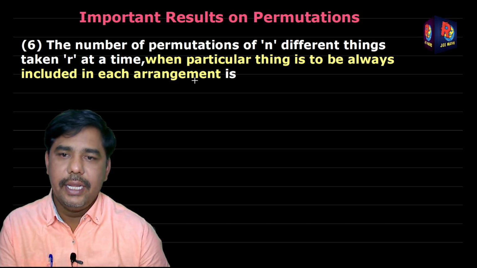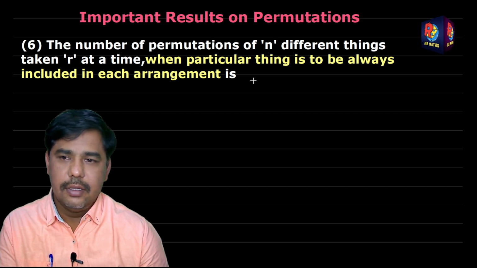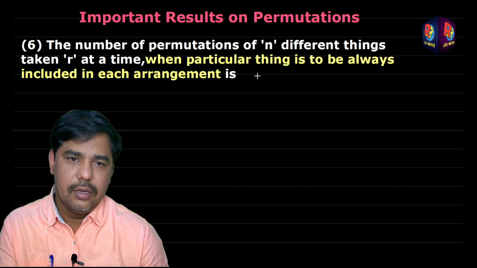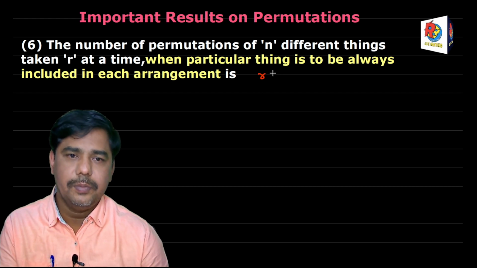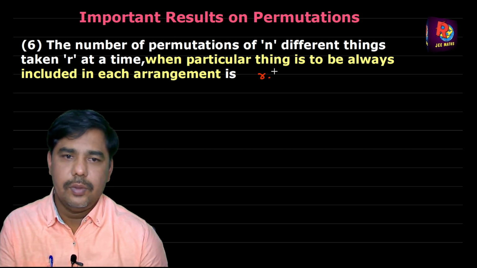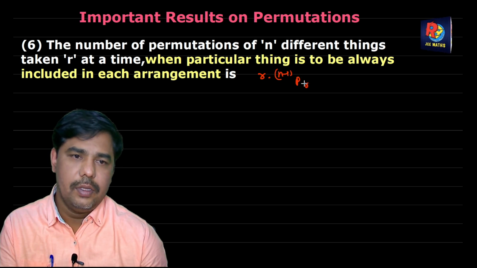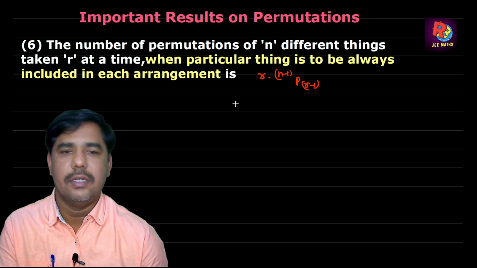If a particular thing is included in each arrangement, compulsory the answer should be r into n minus 1 P r minus 1.